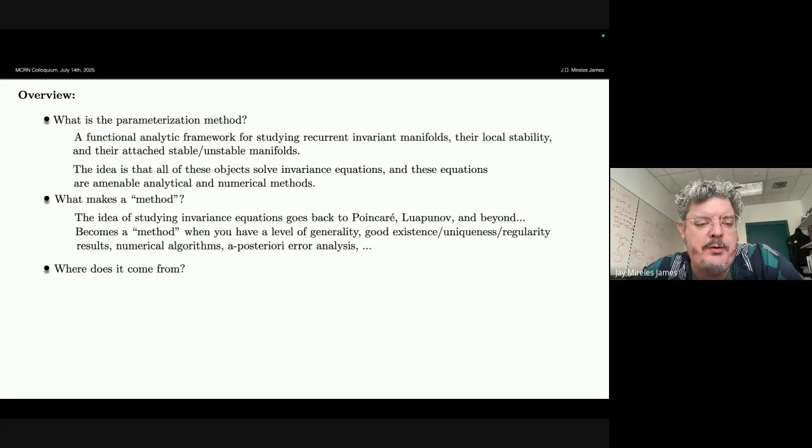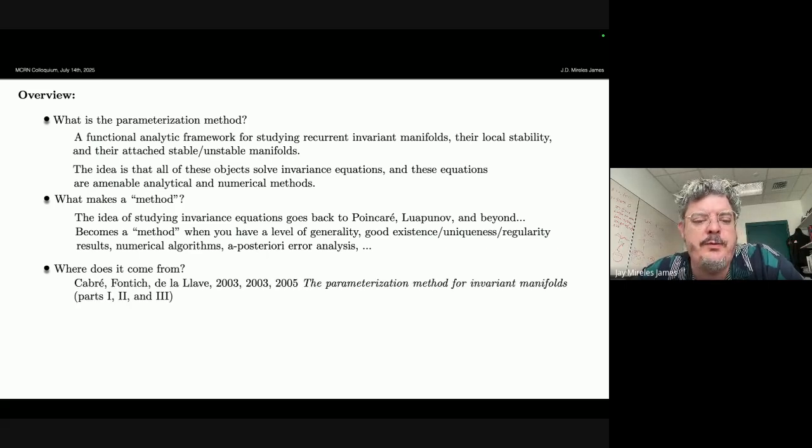And the term parameterization method comes from maybe half a dozen papers in the early 2000s. Three of them are the papers by Cabré, Fontich, and De la Llave, The Parameterization Method for Invariant Manifolds, parts 1, 2, and 3, which really dealt with invariant manifolds attached to fixed points of maps.